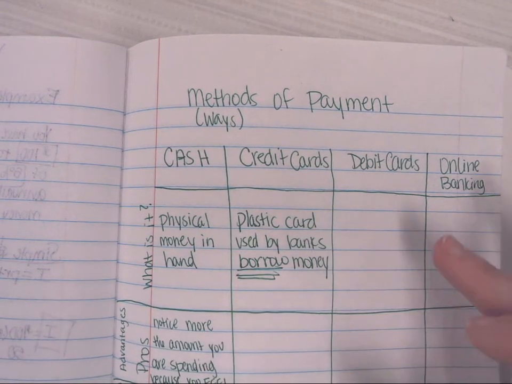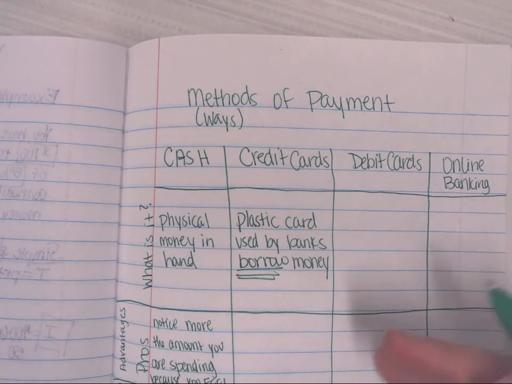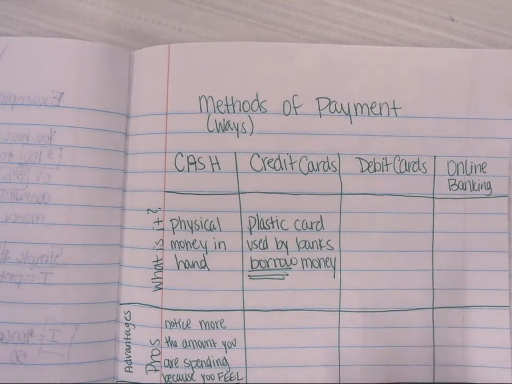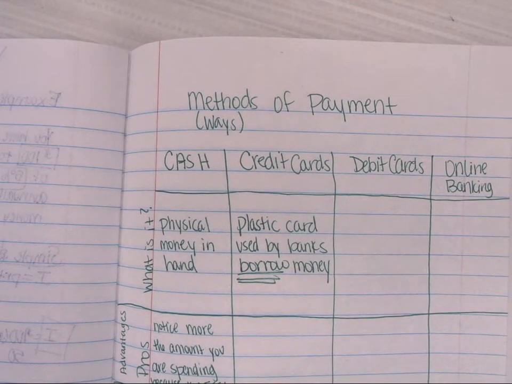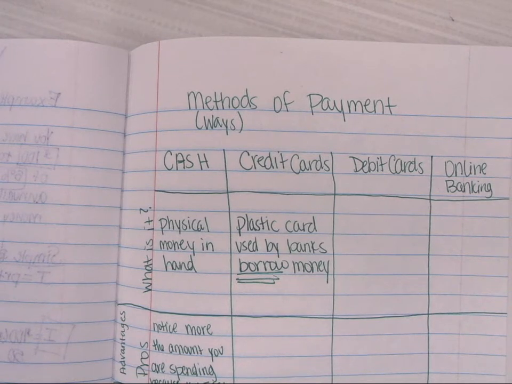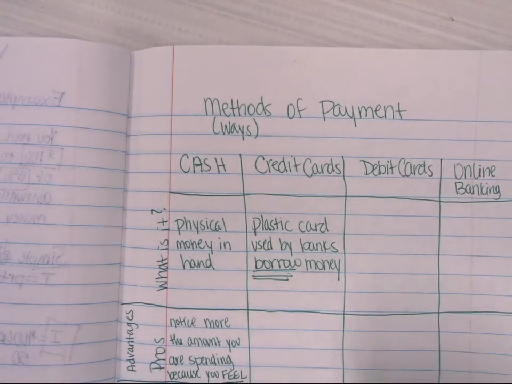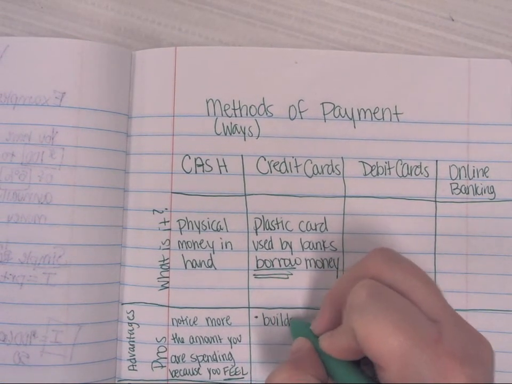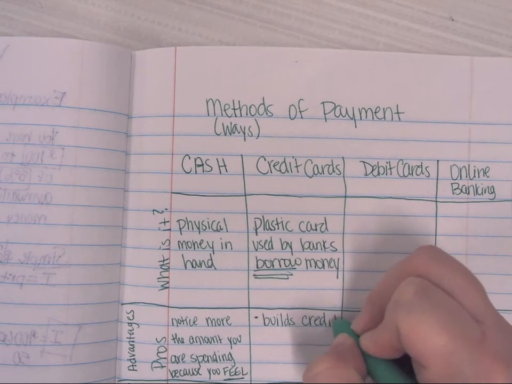Okay, so with a credit card, you have to pay it back, and you pay it back with interest. There are some advantages to having a credit card, okay? But there's also some disadvantages. So let's just talk about some of the advantages. Builds credit. If you make your payment on time, it'll build your credit.